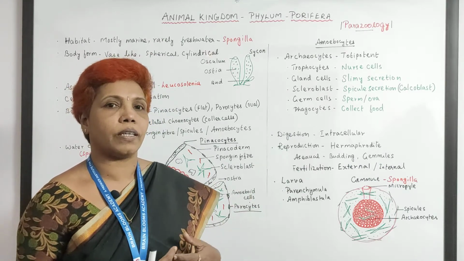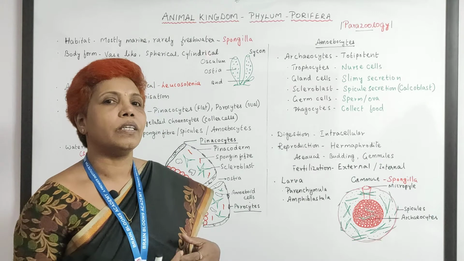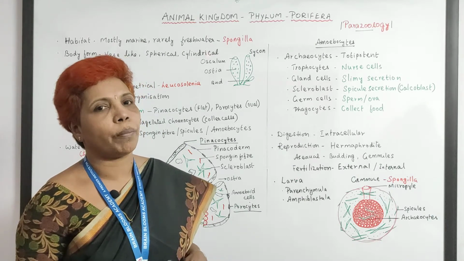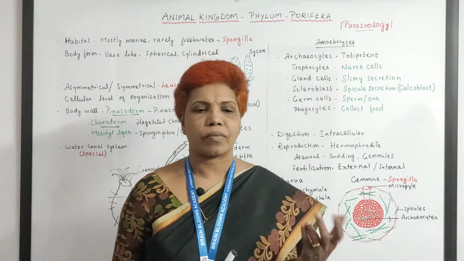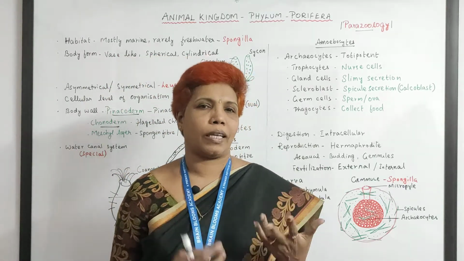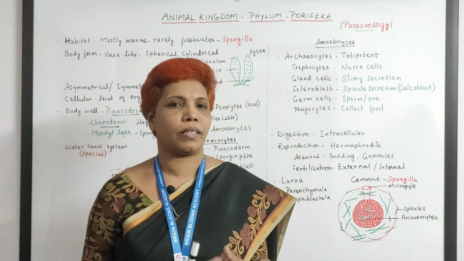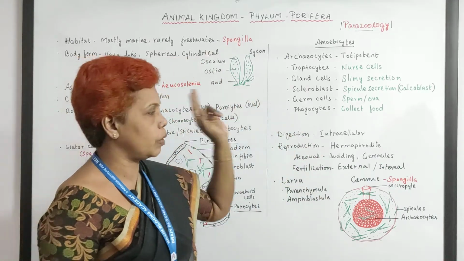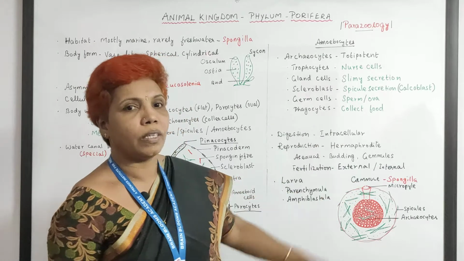Other systems, I said, like excretion and everything, are taken care of by the water canal system. And when you talk about reproduction, there is asexual and sexual. In asexual reproduction, they produce buds and gemmules.